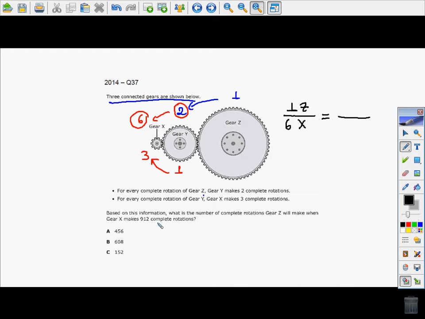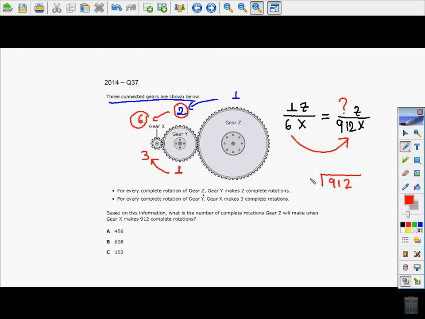And if gear X makes 912 rotations, how many rotations will gear Z make? So what we have to decide is how many times 6 goes into 912. Basically, we have to do division.